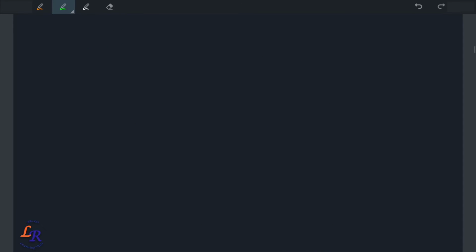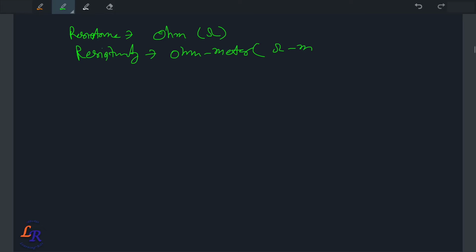Some important units related to that. The unit of resistance is ohm, and we represent it like this. Resistivity has the unit ohm meter, written as ohm-meter. Conductance is defined as 1 upon R, the reverse of the resistance, and it is written as mho, or also written as ohm inverse.